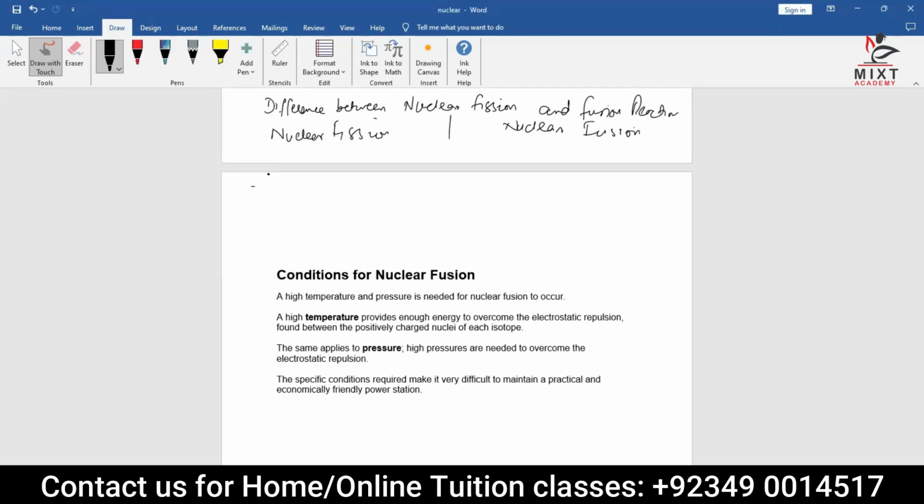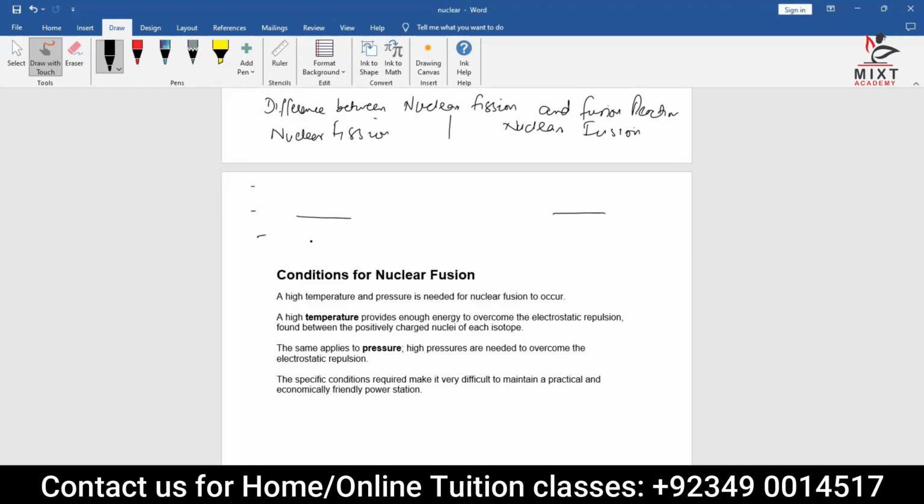You can say that in nuclear fission reaction, one big nucleus is broken down into daughter nuclei, and in nuclear fusion reaction, two small nuclei fuse together to give one big nucleus, right? Second difference, it's the equation of both of them. Safiullah, what could be the third difference?